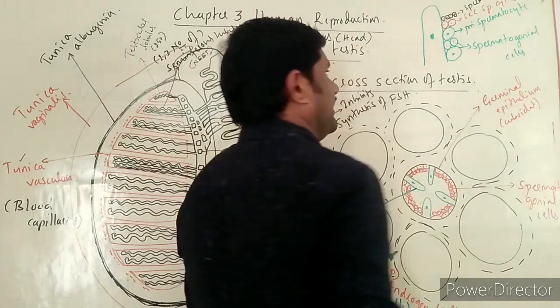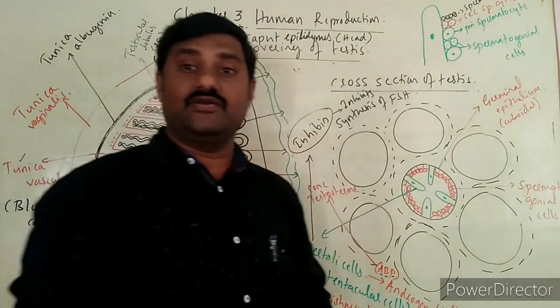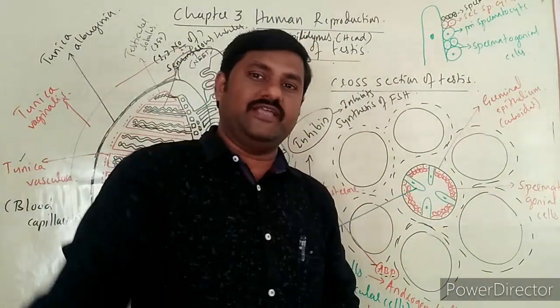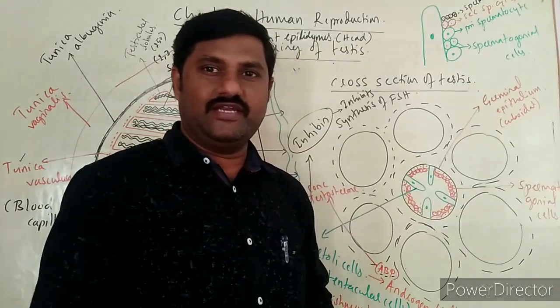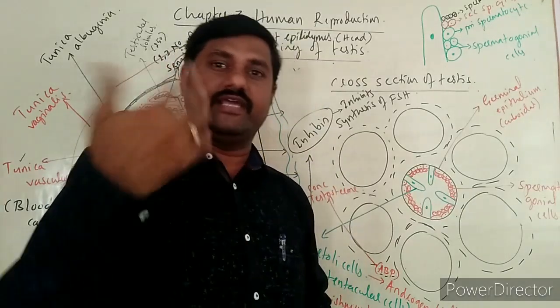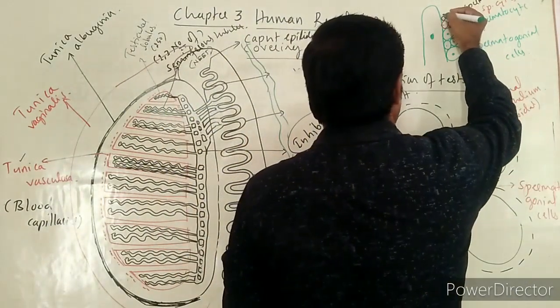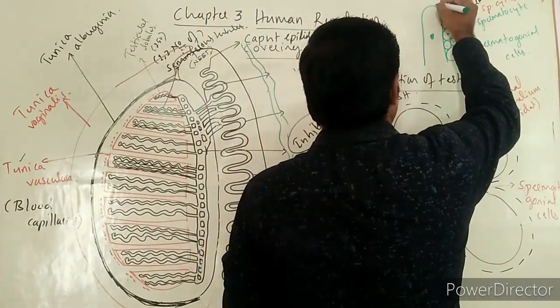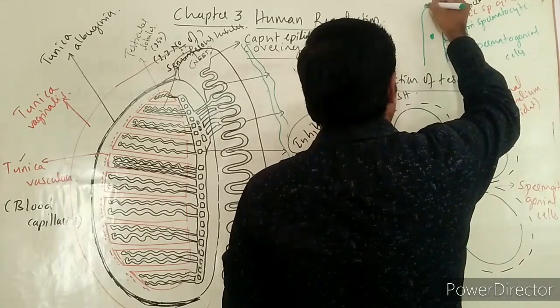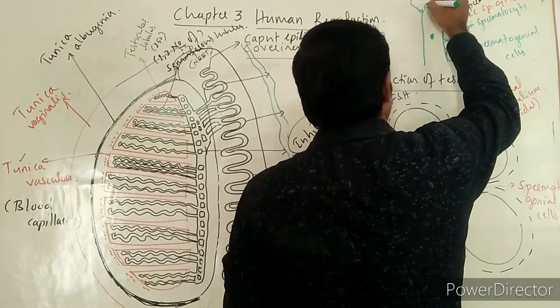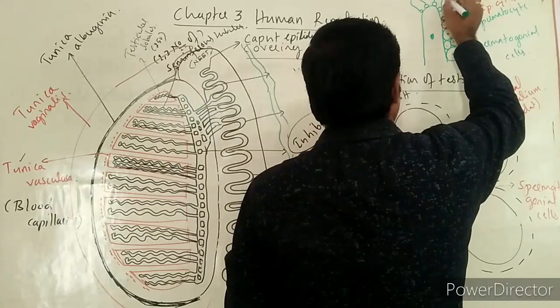And these spermatids later undergo certain changes in their structure, right? These are non-motile in nature, but later they become motile in nature, right? These spermatids later develop into motile sperms.